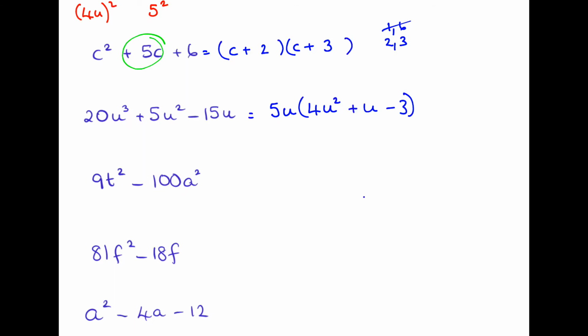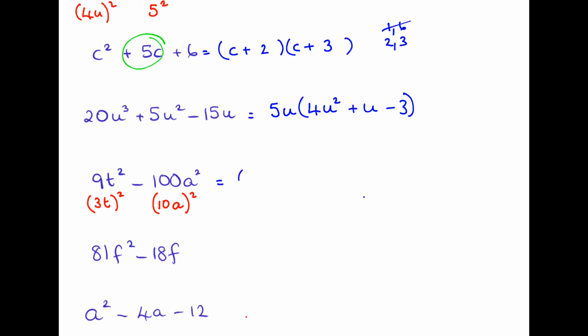So remember, I think it's helpful to write underneath what it is that's squared to give you each term. So to get 9, we need to square 3. And to get t squared, we need to square t. So that's 3t squared. And in the same way, it's 10 squared that gives us 100 and a squared that gives us a squared.